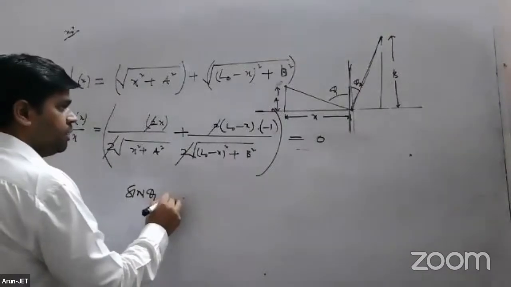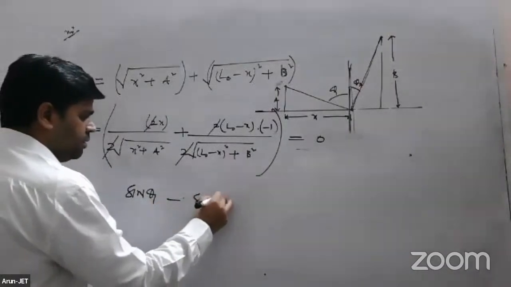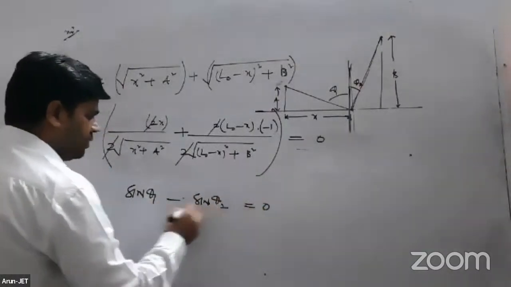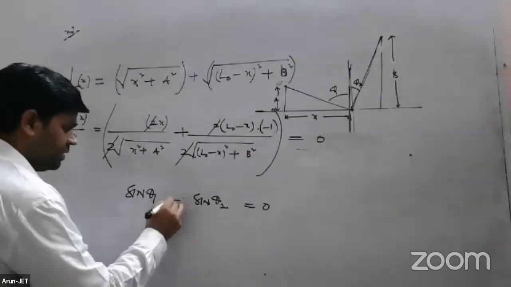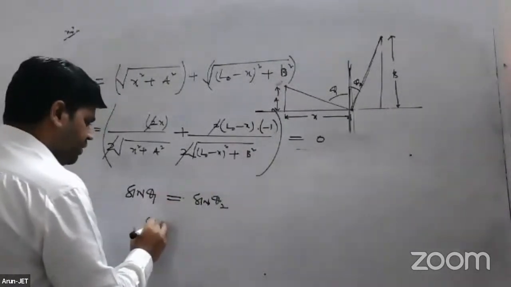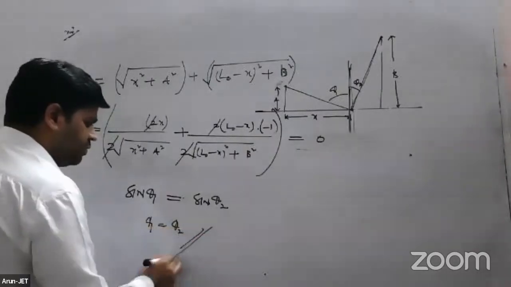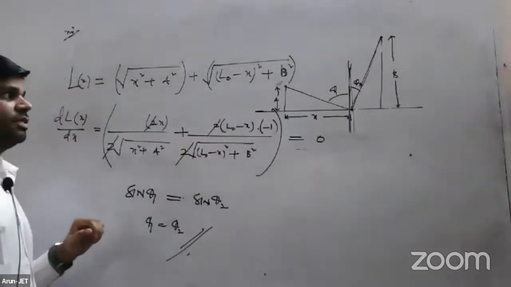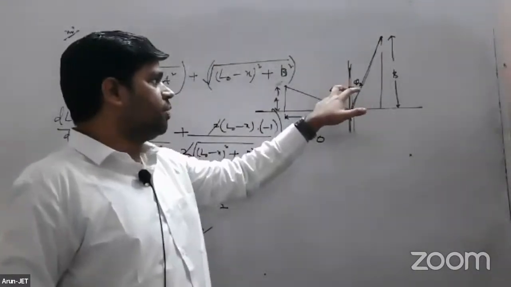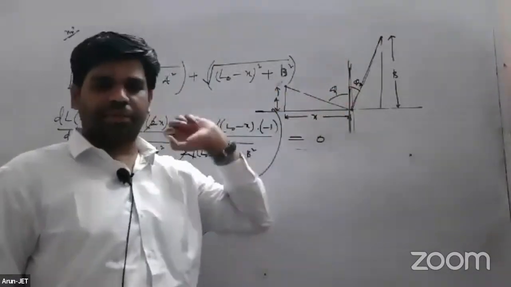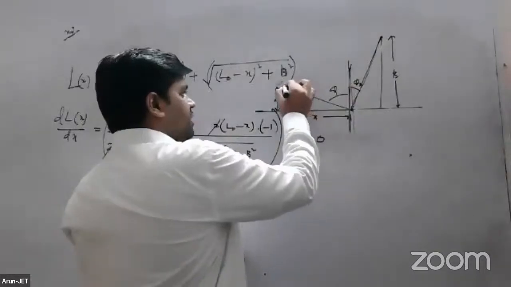Sin theta 1 minus sin theta 2 equal to 0. That means sin theta 1 is equal to sin theta 2. For acute angles, theta 1 is equal to theta 2. That means the angles should be the same. Only then the length of the pipe would be minimum. That means they should be somewhere here.